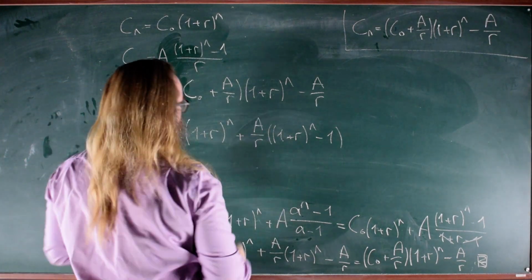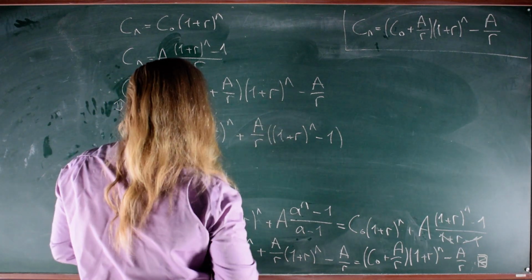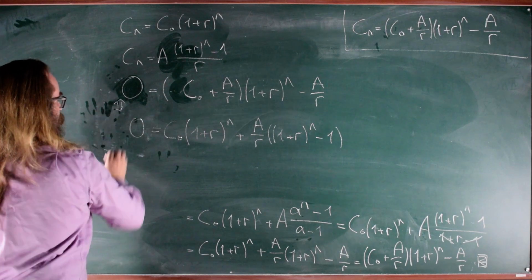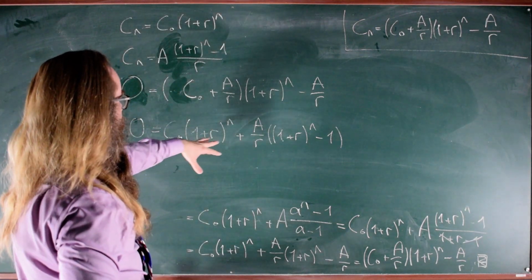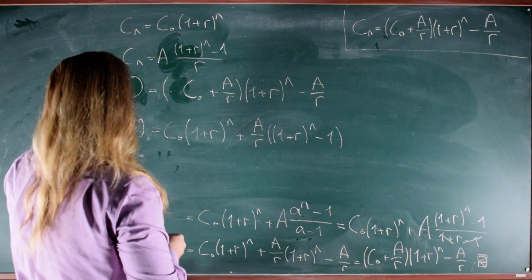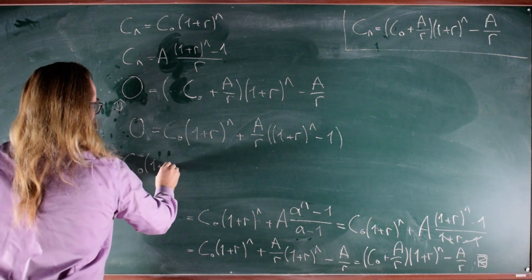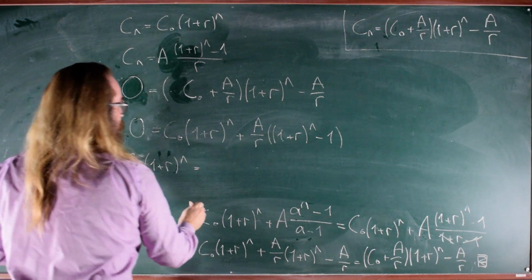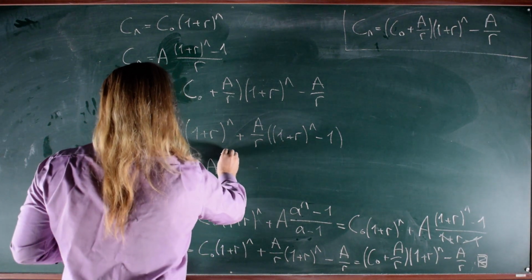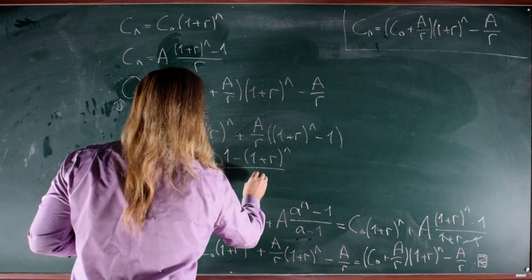The goal here is to isolate a, the annuity, right? So these two things will be equal, and we can make these terms equal. So we have that C0 times (1 plus r) to the n is going to be the same thing as a multiplied by (1 minus (1 plus r) to the n) over r.